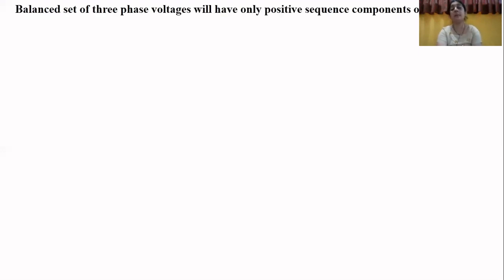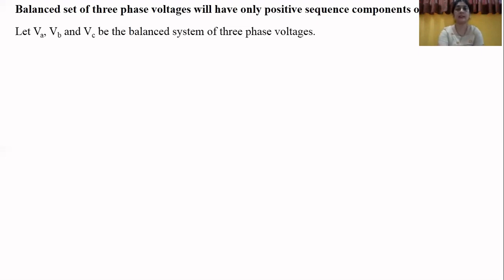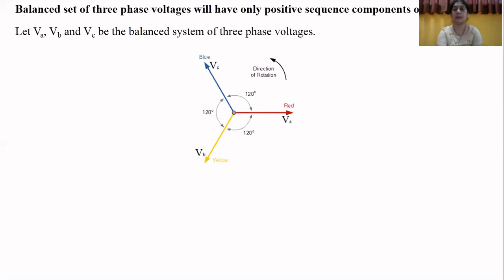Further, it can be proved that whenever we are talking about a balanced system, the three phase voltages will have only positive sequence components. Let us now consider VA, VB, VC, which are the phase voltages of a balanced system, represented as VA, VB, and VC in the phasor diagram.